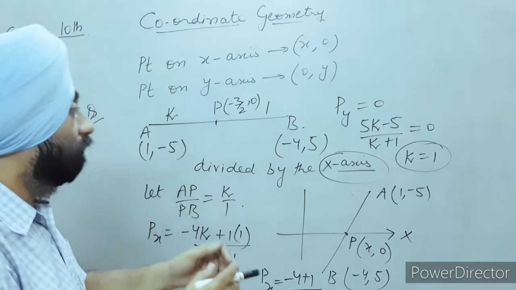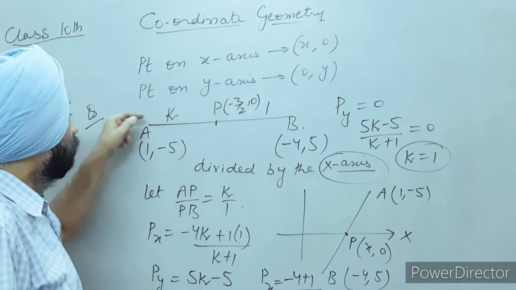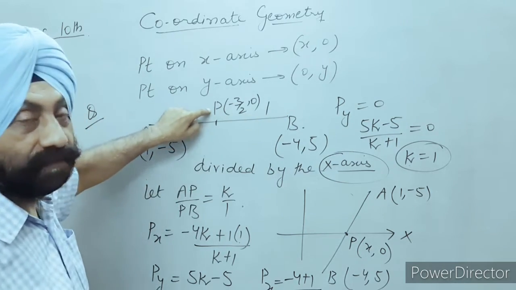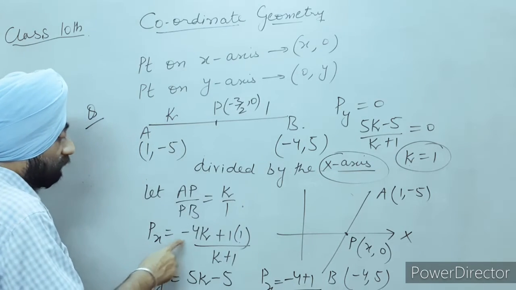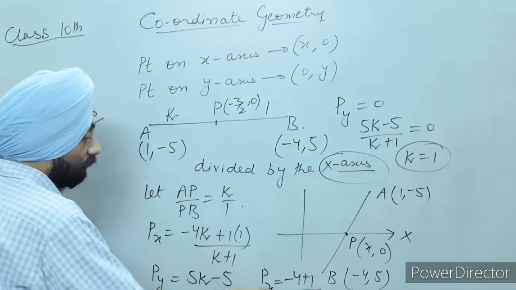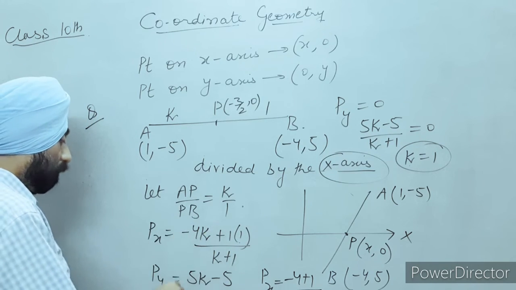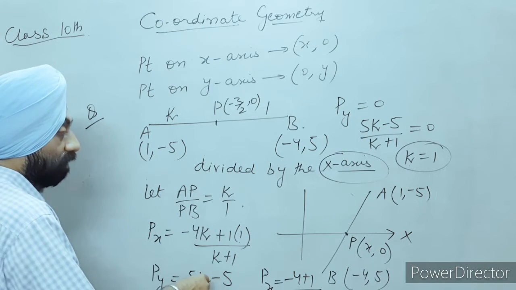Okay. I need to find the coordinates of the point of division, that is the point that divides AB. So what I did was put k equals 1 in P of x. I get minus 4 plus 1, minus 3, so minus 3 divided by 2 is P of x. If I put k equals 1 over here, 5 into 1 is 5, minus 5, that is 0.